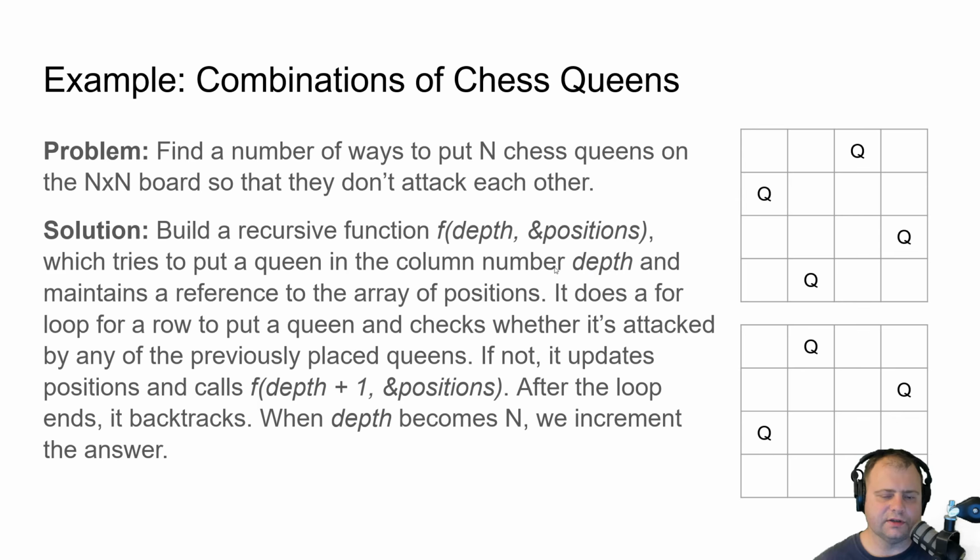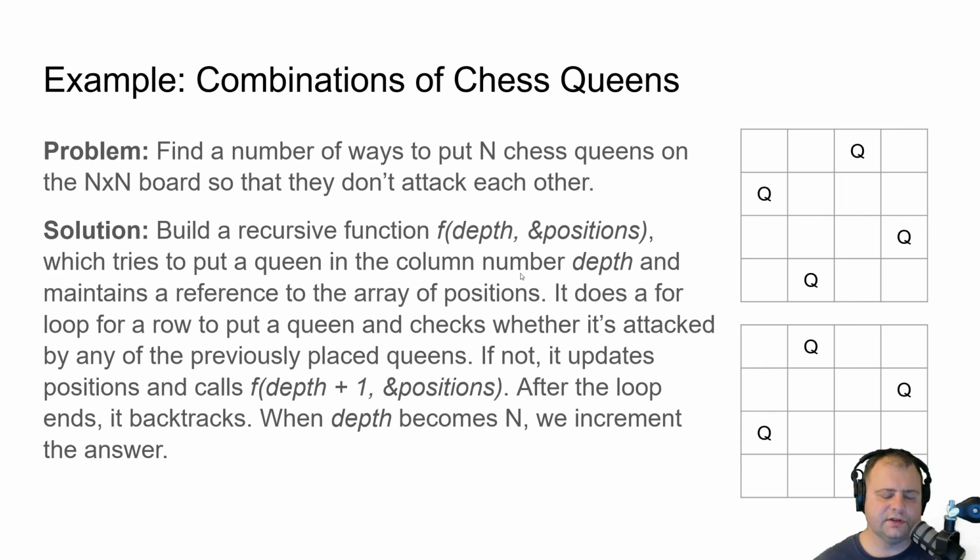Just compare the values of the rows, and also the deltas between rows and columns in absolute values to check for diagonal attacks. If it's not attacked, it updates positions and calls f(depth plus 1, positions).